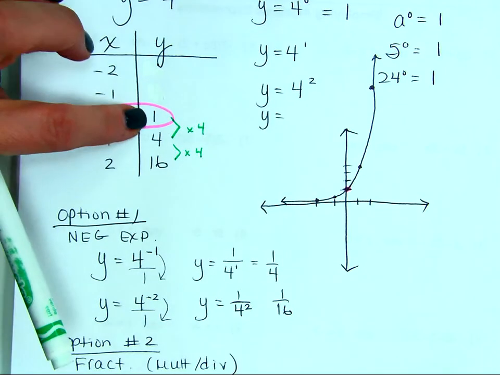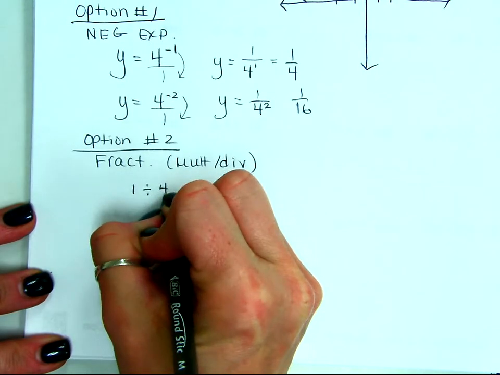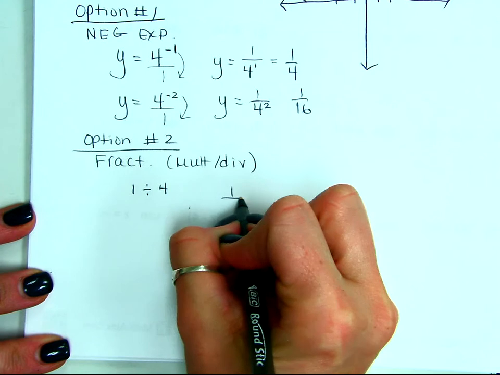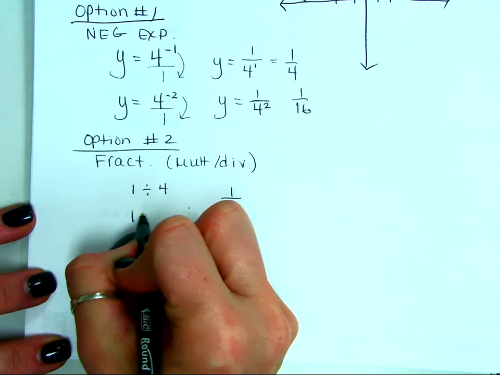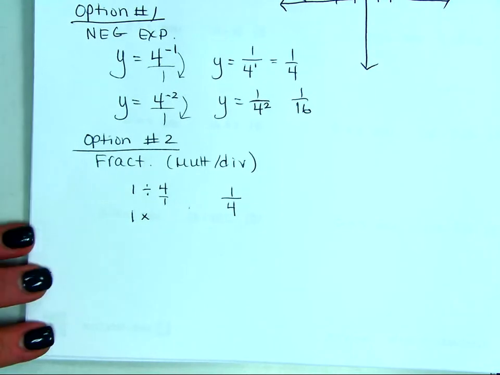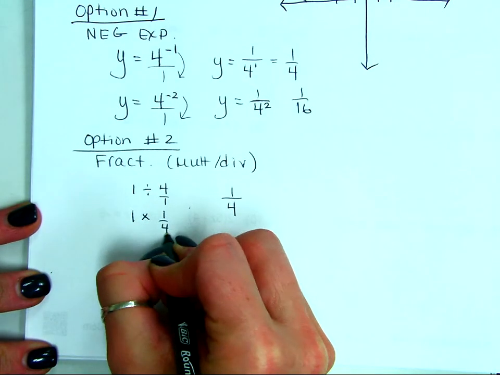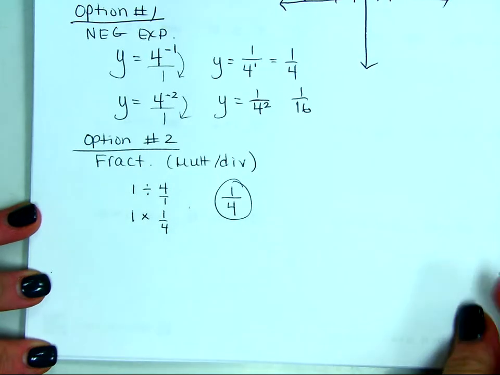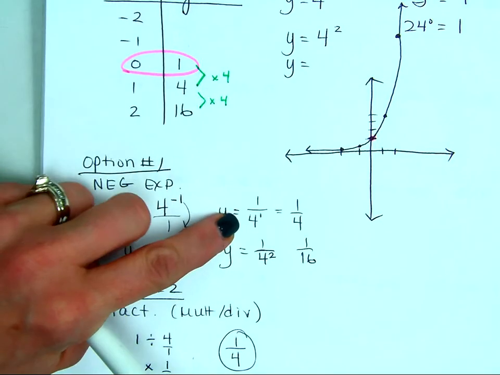I'm going to take that 1 and divide it by 4, which basically is 1 divided by 4. Or you could look at it as 1 multiplied by the reciprocal, not times 4 or divided by 4 over 1, but times 1 over 4. Well, it's 1/4, right? Which we had. We just had it the negative exponent way.